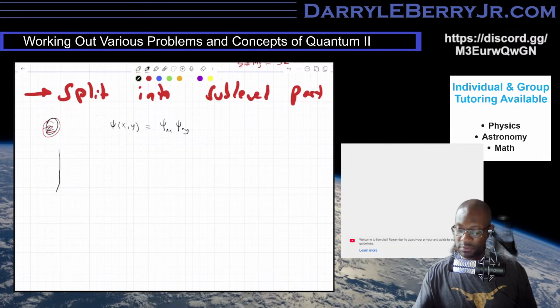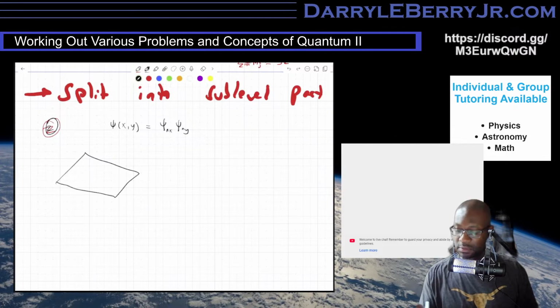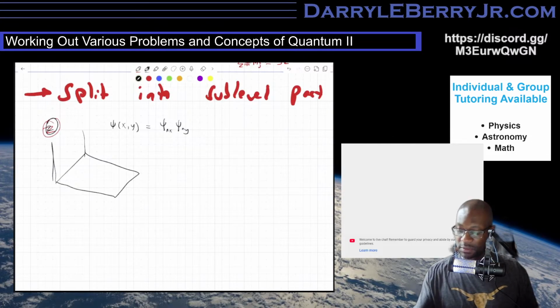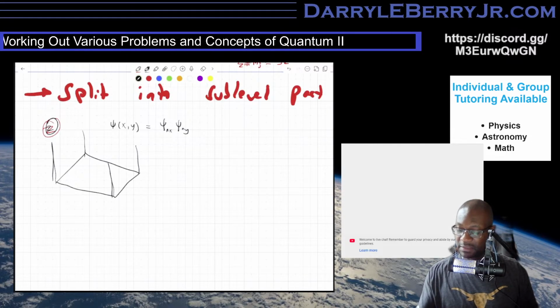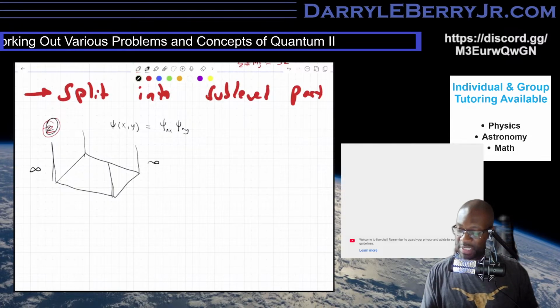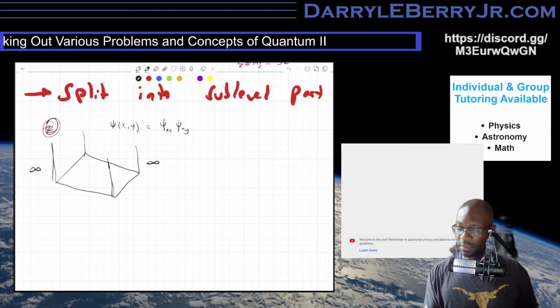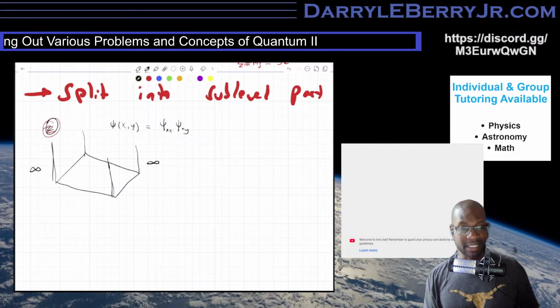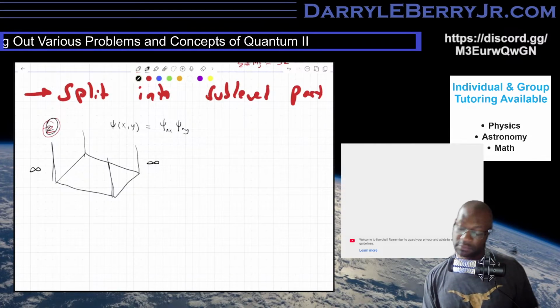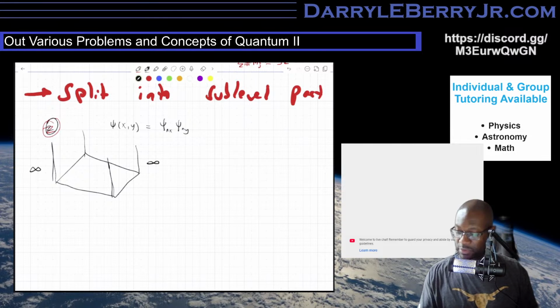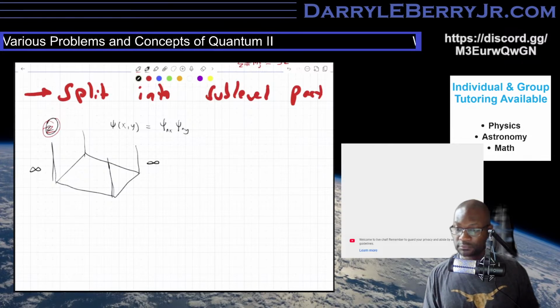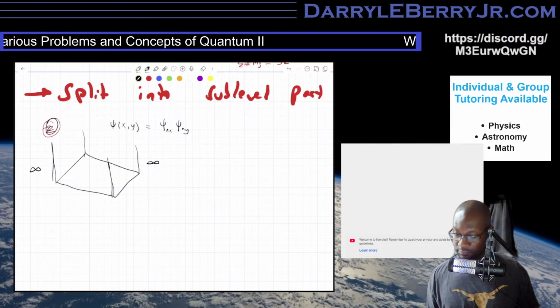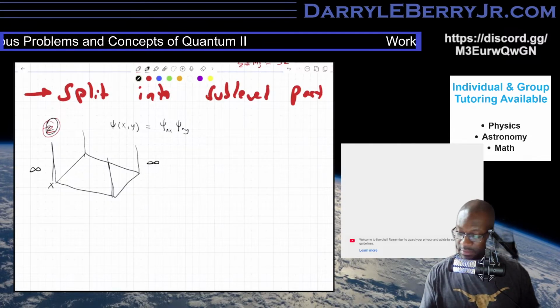You can imagine this is our box. These are the walls of the box with infinite potential on the outside. And our particle is inside this box. If we were to draw axes, we'll call this X and this Y.